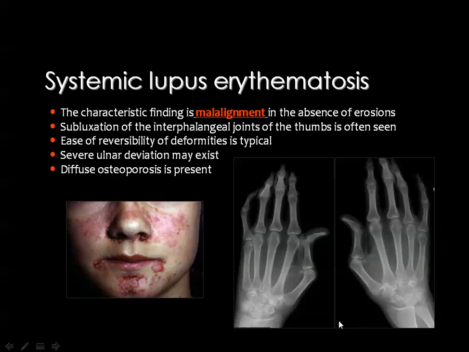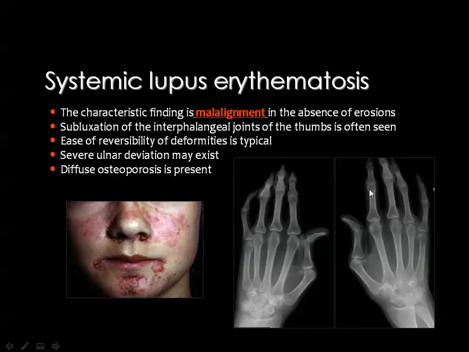You know, in cases of rheumatoid arthritis, the deformities are preceded by joint erosion, juxtaarticular osteoporosis, and so on. But here you can see that the deformities are not associated with erosive bony changes.